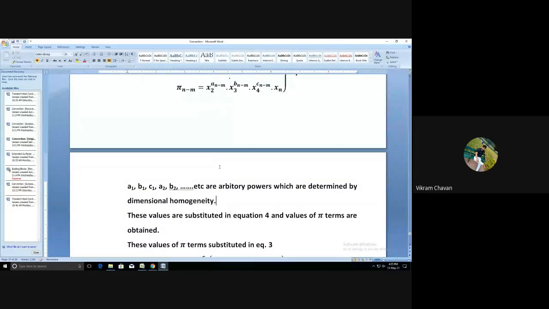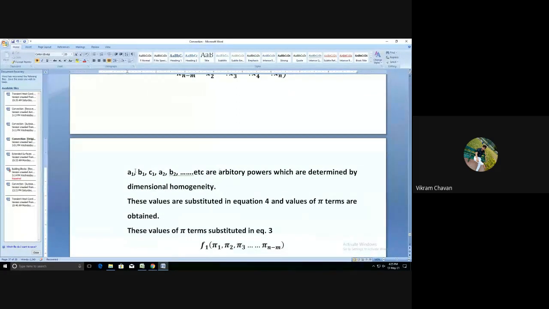Now once we have determined the arbitrary powers, these values are substituted in equation 4 and the values of pi terms are obtained.